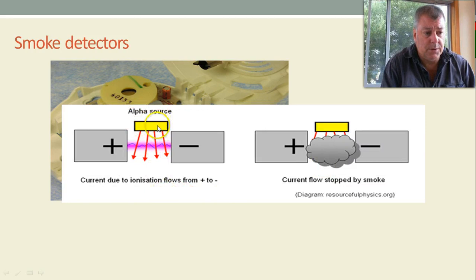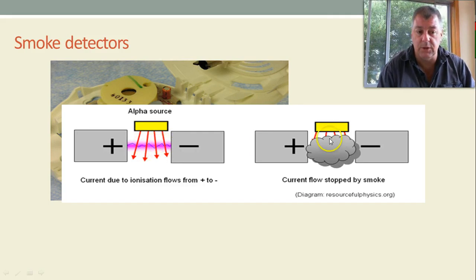The alpha source, being an alpha emitter, is fairly ionizing, so they have a current going through a small gap, so they have a positive and negative electrode, and the air gets ionized by the alpha particles, so a current will flow through. To have a current flow through air, you've got to have ions available, and if there's no ions no current will flow.